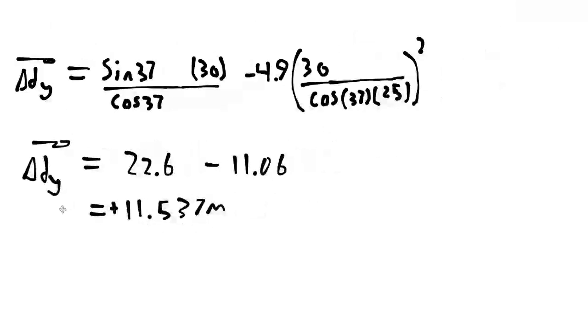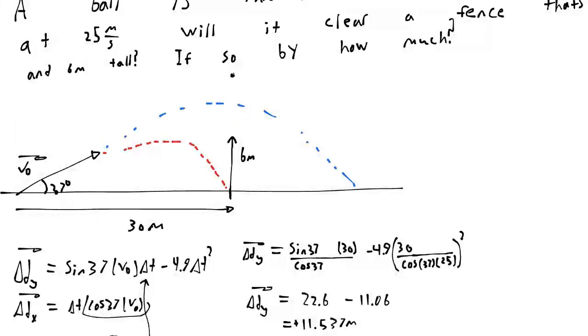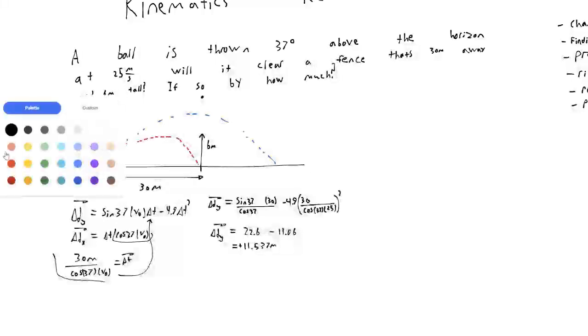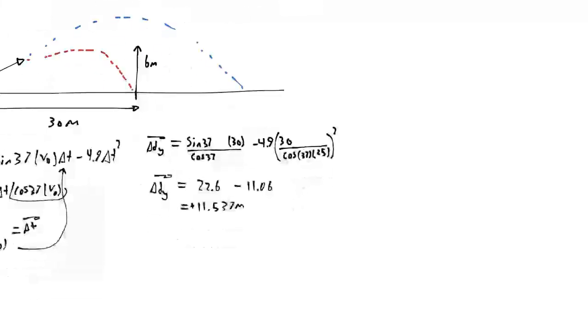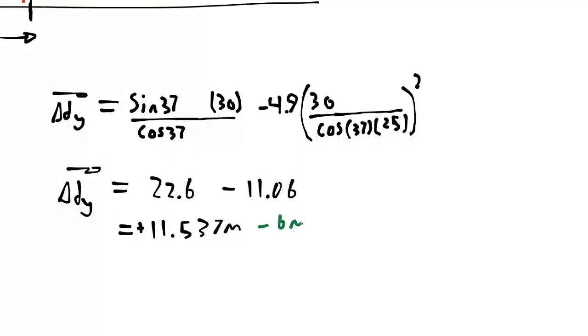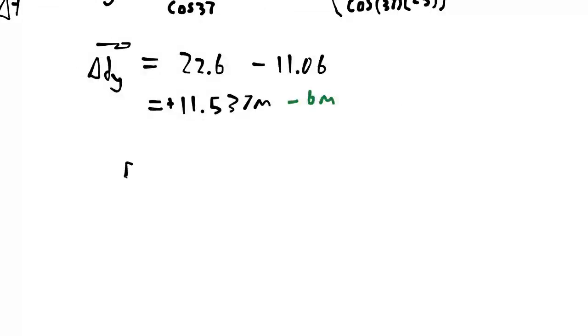Of course, it's positive as well. So that means at the 30-meter point, it's this high up, so it definitely crossed it. So yes, it crossed it. Check mark. Will it clear the fence? Yes. If so, by how much? You just subtract 6 meters, and you should get 5.53, round to 5.54 meters above the fence.